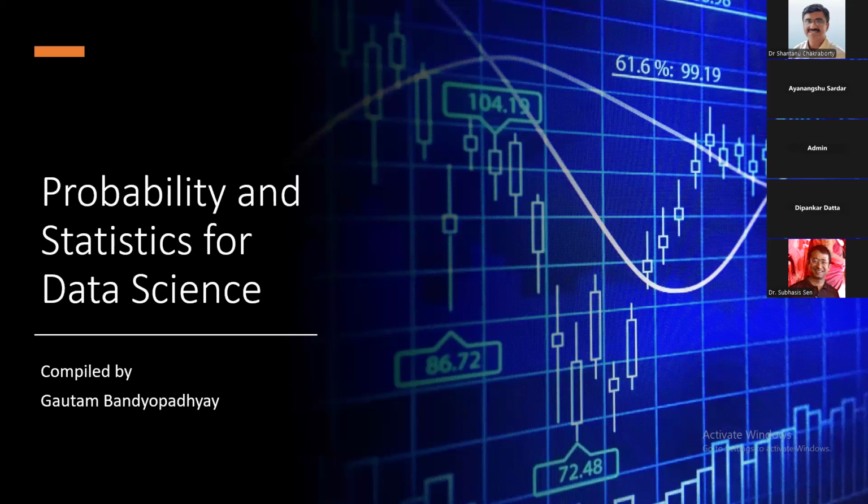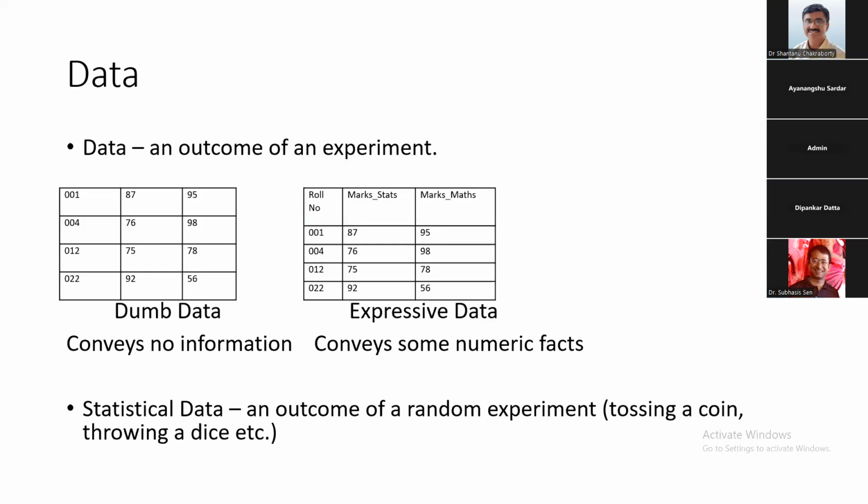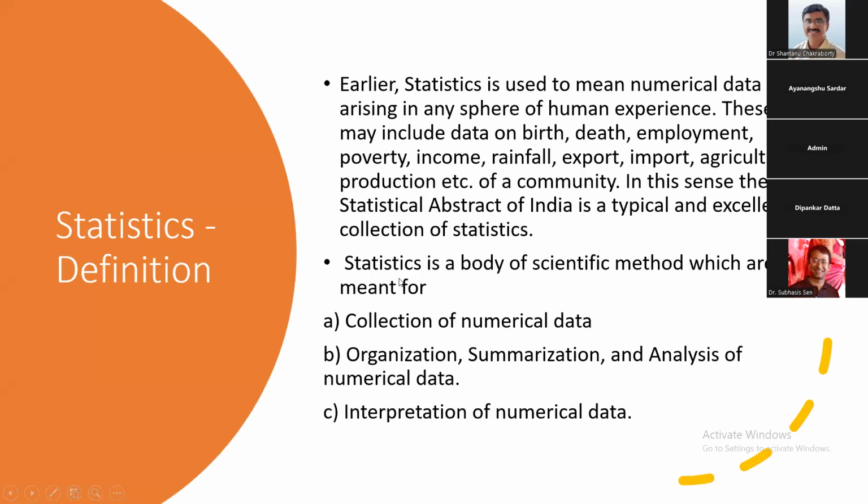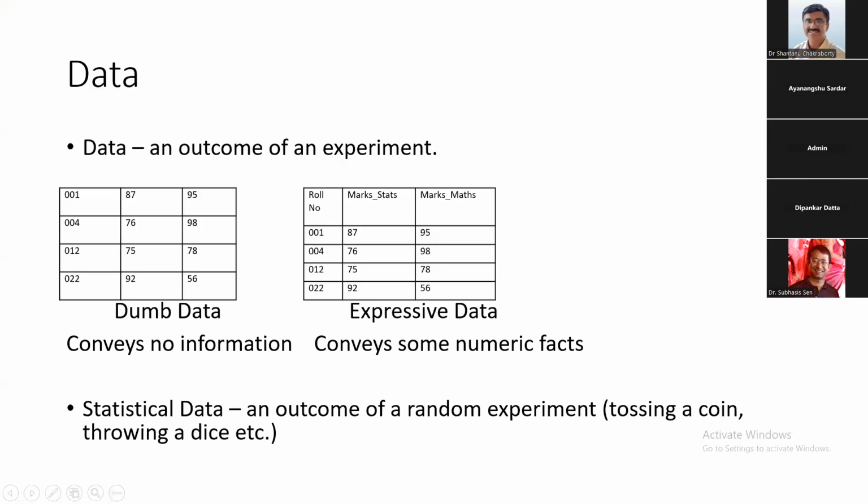So now, today I will start with this. Suppose, what is data? Just check, there are two types of data given. One is called dumb data, without any column name. And in the second, the column names are mentioned. Here there are 4 rows and 3 columns, but the columns have no names. Yesterday in class I showed why the column name is important.